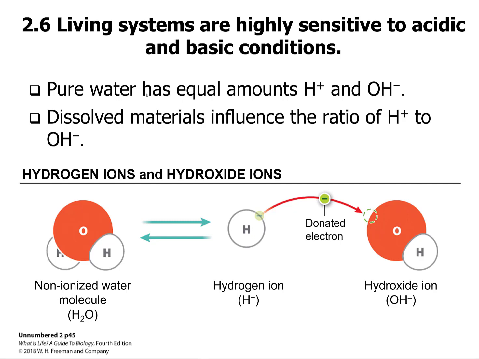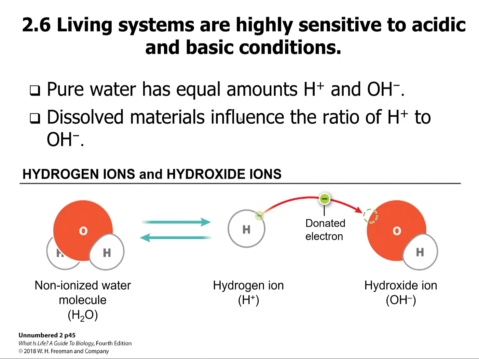So if you were to take pure water, it has equal amounts of hydrogen and hydroxide ions, and then we would have a pH of 7. That's right in the middle. It's ideal in the center. But really, when you think of pH, it's all about the concentration of the hydrogen ions in the water, and the inverse proportion to that.